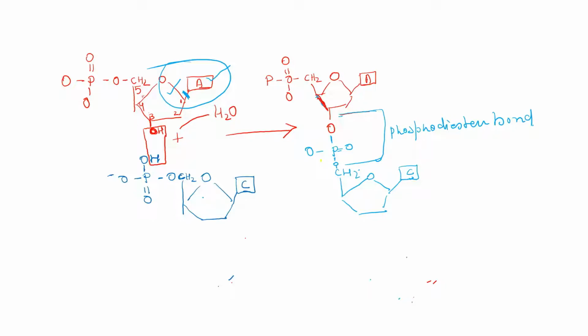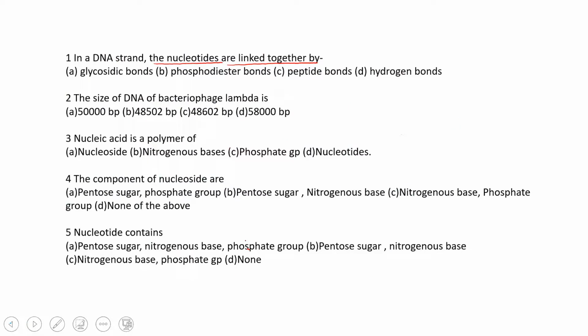They are present between the nitrogenous bases: two hydrogen bonds between adenine and thymine, and three hydrogen bonds between cytosine and guanine. So our correct answer will be phosphodiester bond.